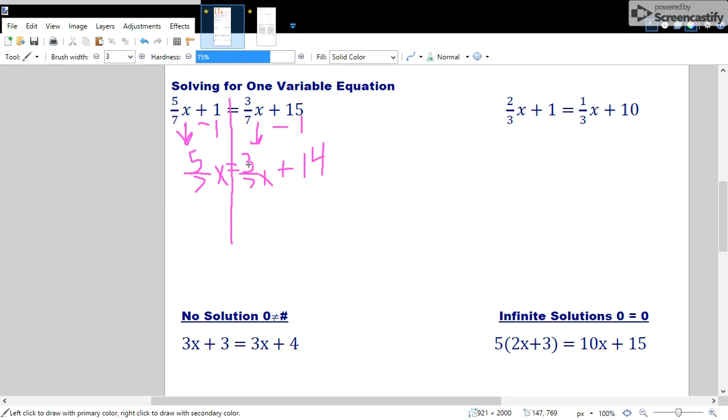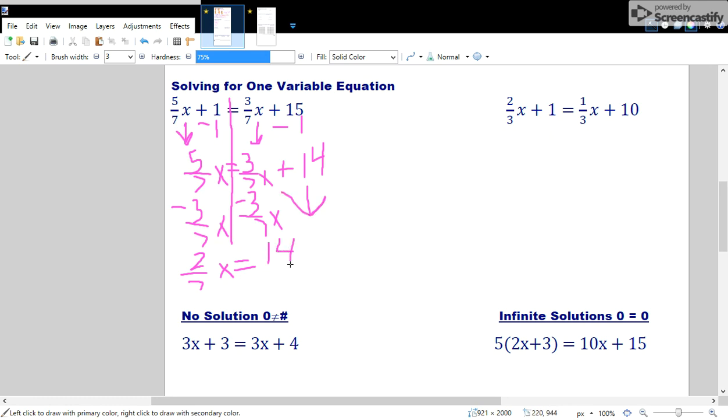So to do that, the opposite of a plus 3 over 7x is a minus 3 over 7x. Well, these are the same denominator, so that means you can subtract them. 5 minus 3 is 2. So we have 2 over 7x equals, this is 0. Carry down your plus 14.